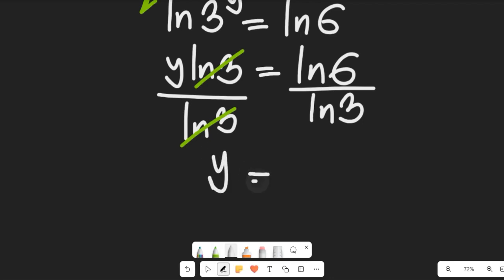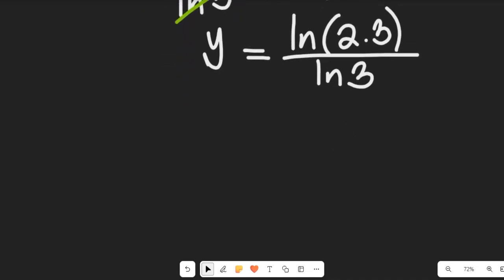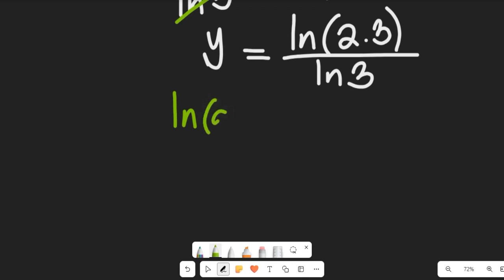We'll have the value of y to be equal to ln of 6, which I'll expand to give me 2 multiplied by 3, divided by the ln of 3. Now, according to the laws of natural logarithm, I can expand that because the ln of a multiplied by b is equal to ln of a plus ln of b.